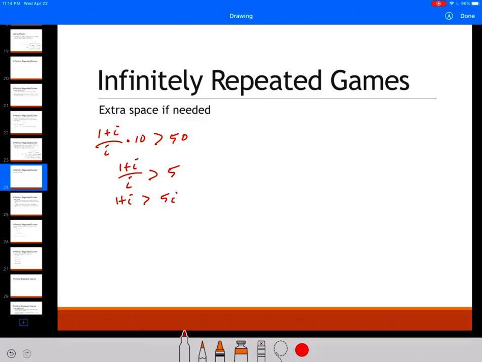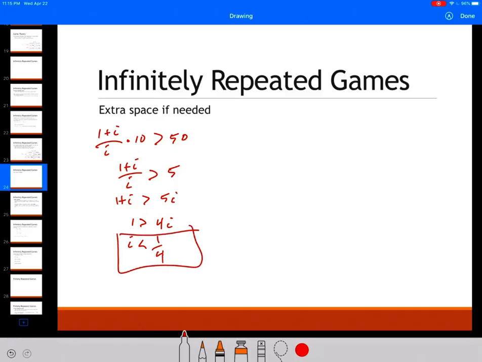So I multiply both sides by i. Again, i is going to end up being positive, so we don't have to worry about flipping signs, as we would when multiplying by a negative, okay? So now let's bring the i over to the other side. That means 1 greater than 4i, which means if we flip it around, i is less than 1/4, okay?